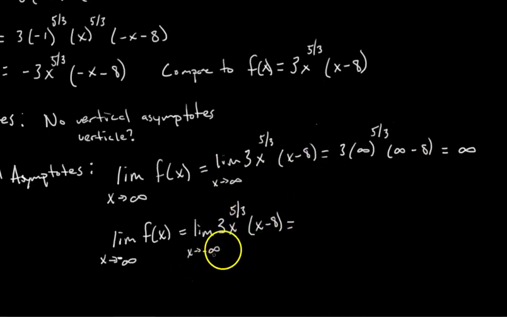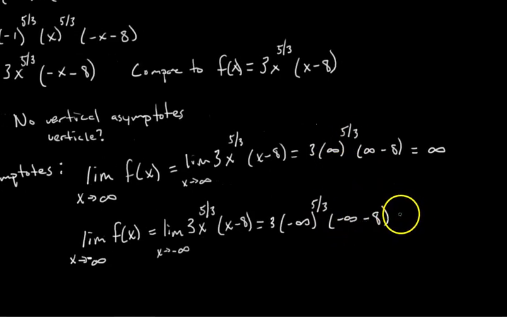But what about when x approaches negative infinity? Well, you can do a similar thing. You just plug in negative infinity. So now we have negative infinity to the power of 5, that's negative infinity, and then the cube root of that is still negative infinity. Then you multiply that by negative infinity minus 8.